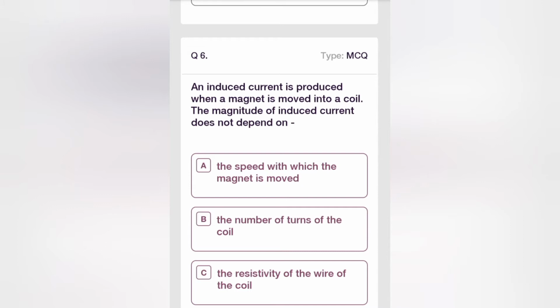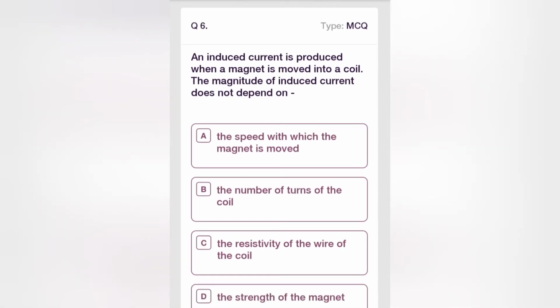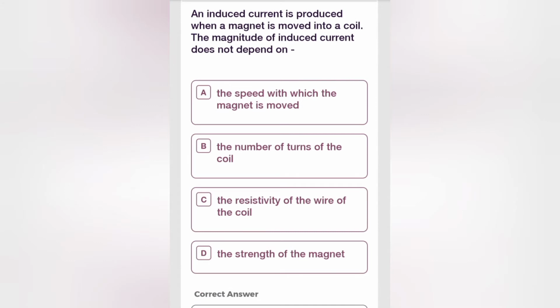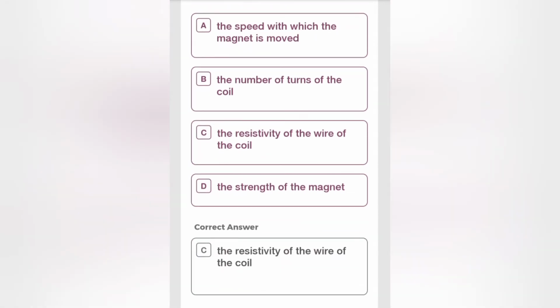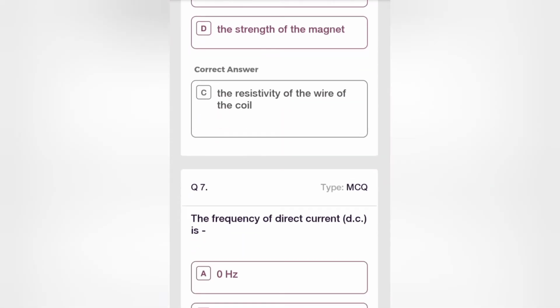That's right. Number of turns. That's right. When the number of turns increases, then the induced current will be more. The resistivity of the wire of the coil. No, it does not depend upon the resistivity of the wire. Then strength of the magnet. Of course, it depends upon the strength of the magnet. So option C is the factor on which the magnitude of induced current does not depend. Okay, option C. That's right.